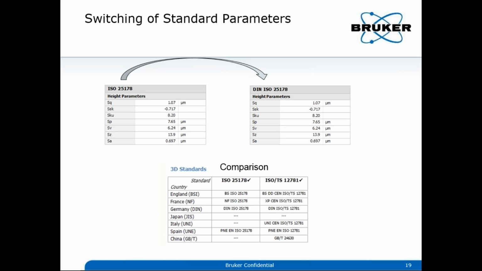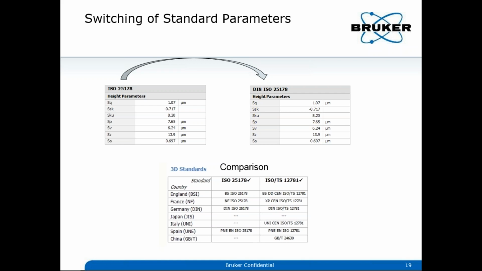And switching of the standard parameters. For example, here we have ISO 25178 height parameters, and should you need to serve your customer in a different region, for example in Germany, you can just switch the ISO parameters, which comply with the other parameters in Germany.